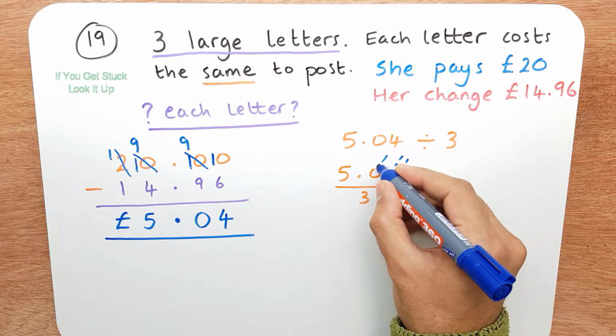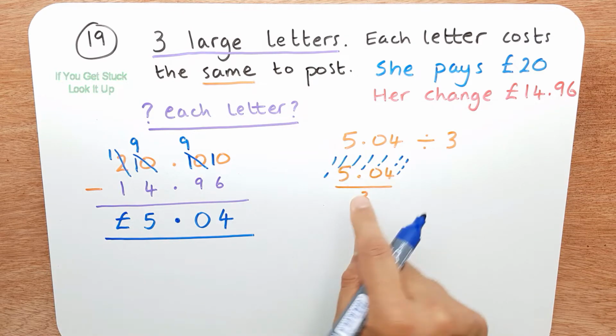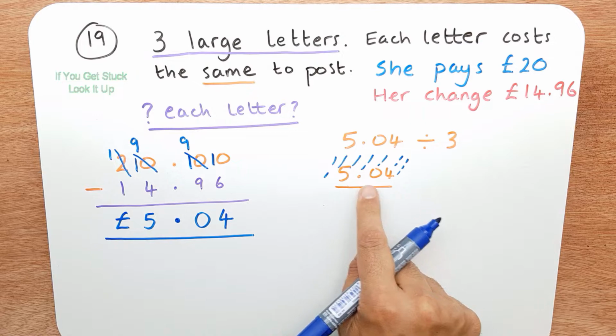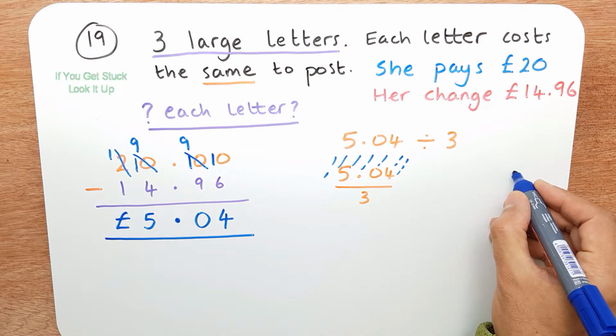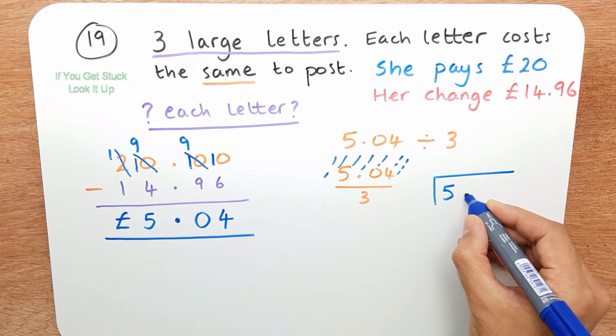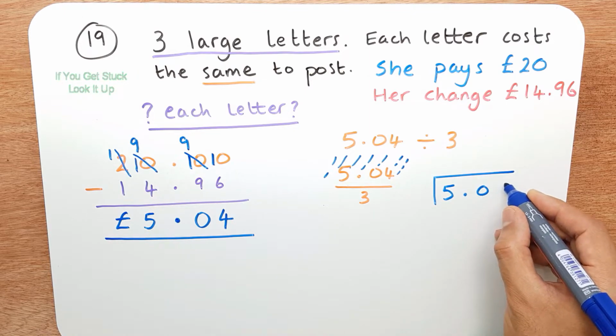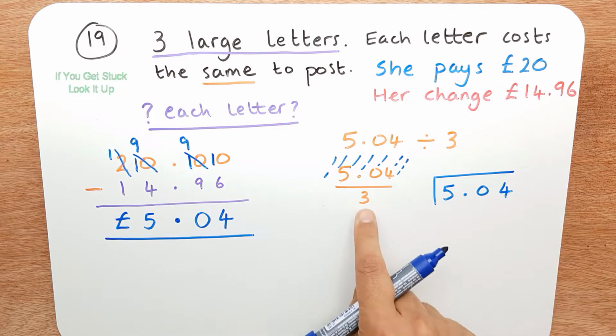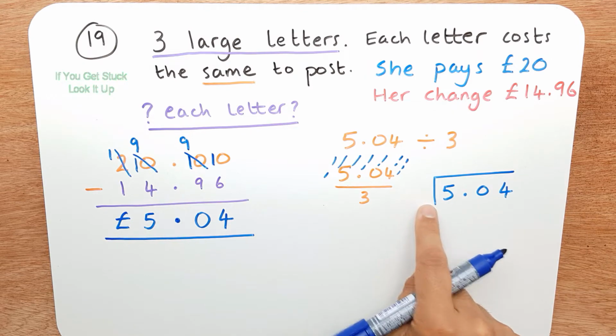It's raining. And the £5, 4 pence is getting wet, so we build a bus shelter for that. So we put that there carefully. 5.04. And now the 3 has to go outside.